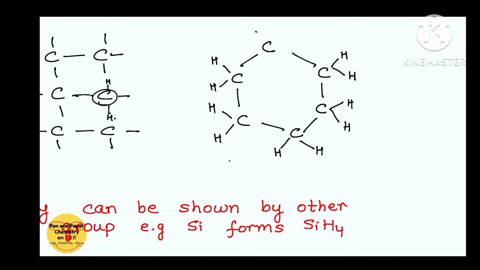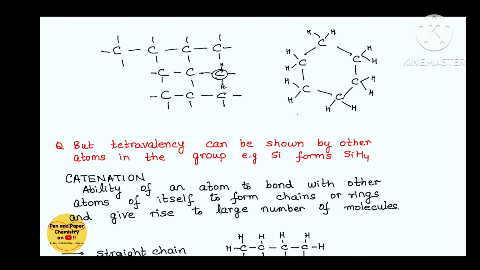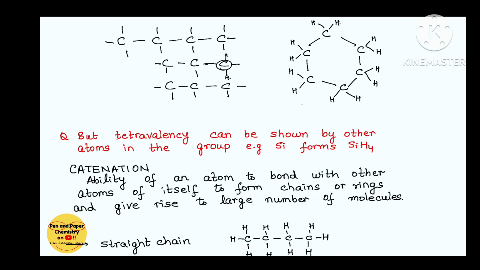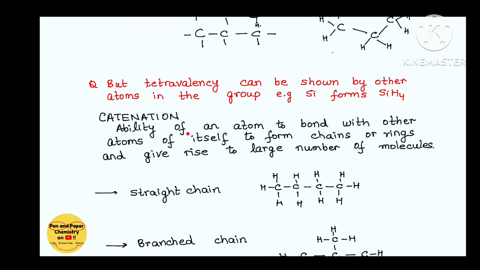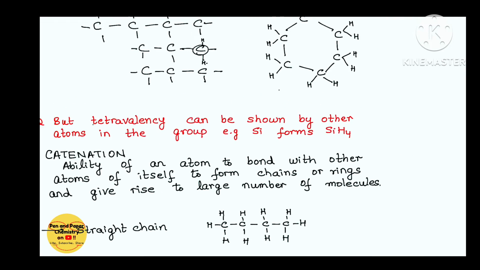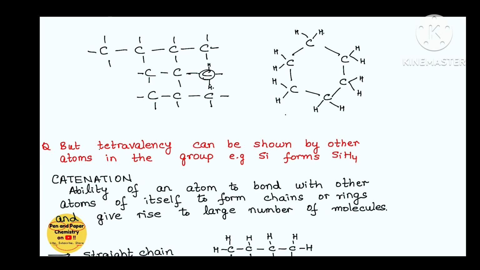So the size of carbon is just right enough for it to bond with other carbon atoms or other atoms in long chains without breaking. This property is what we call catenation, the ability to form long chains, branch chains, rings, in order to form a large number of molecules.